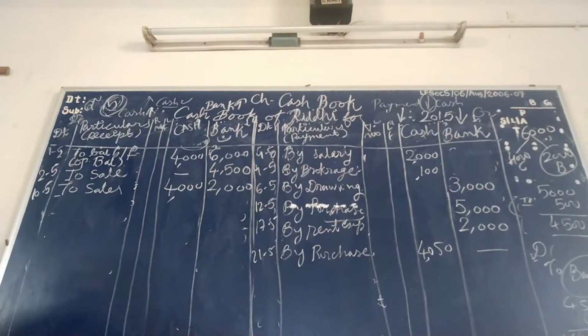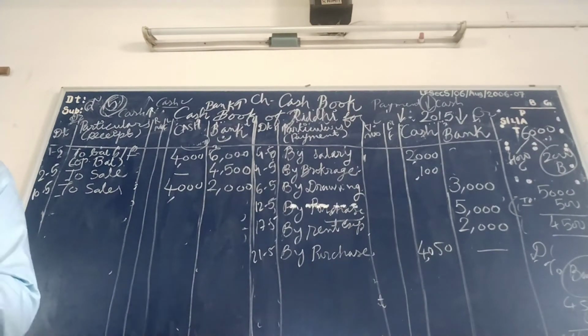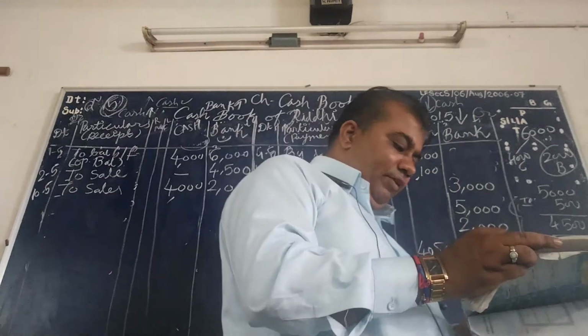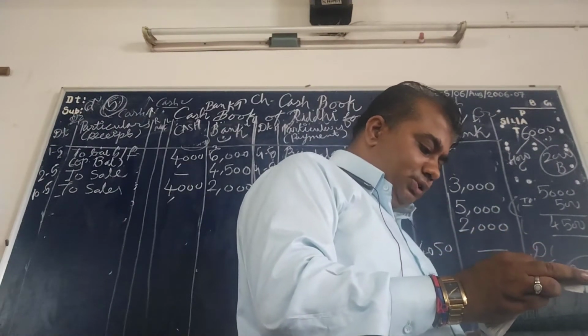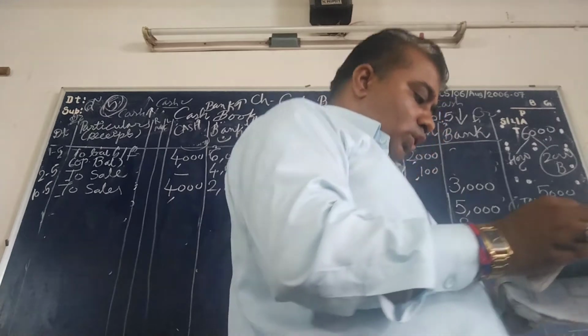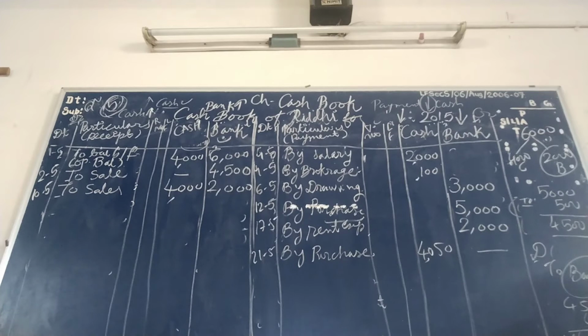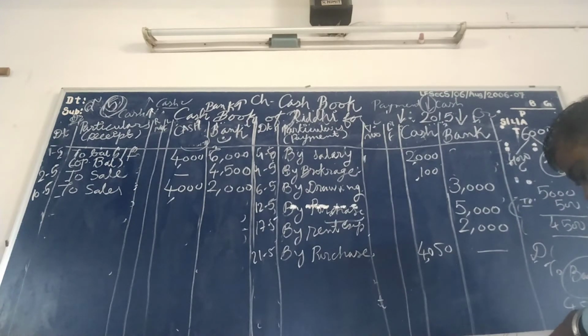Now next one, 24th of May, Karisma has paid 2,550 by cash towards the debt. So Karisma paid to us. She paid her debt 2,550.